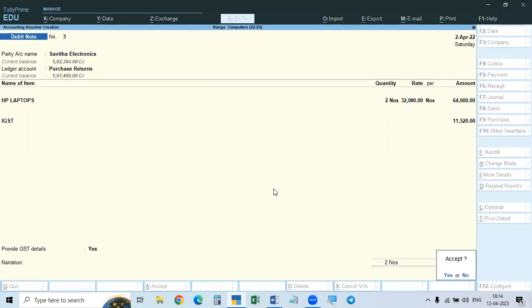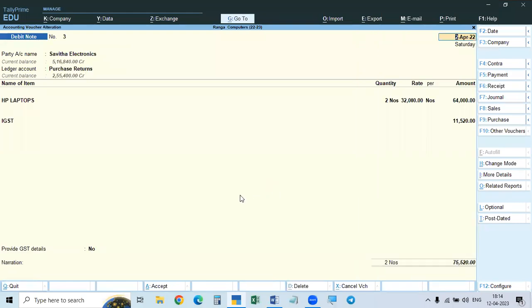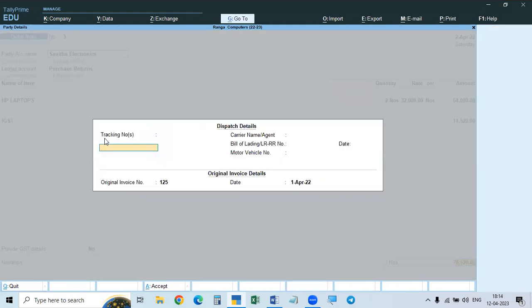So here, if you go to page up, the same thing will open. In the case of purchase returns, we have to send a debit note. So going to the debit note, take the date, then take the party, that is the creditor, the supplier, and after selecting that, we come to dispatch details.